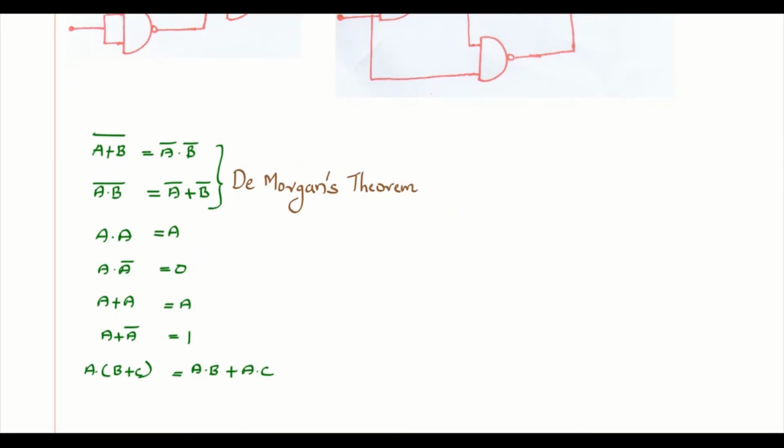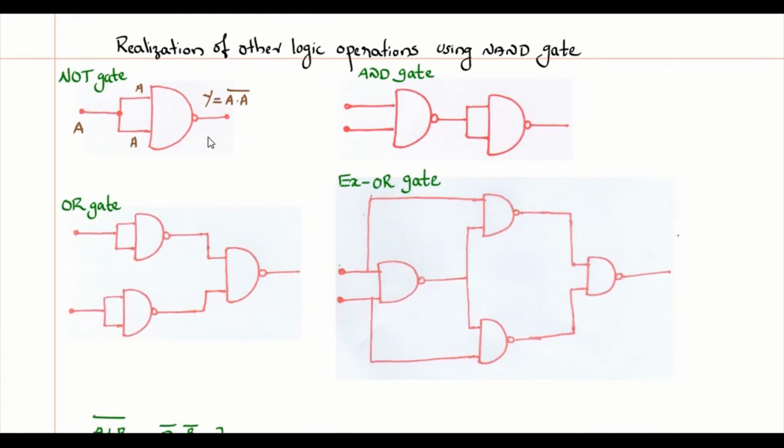So what is A dot A? A dot A is A. So Y equals (A dot A) complement becomes Y equals A complement. And it is a NOT gate.